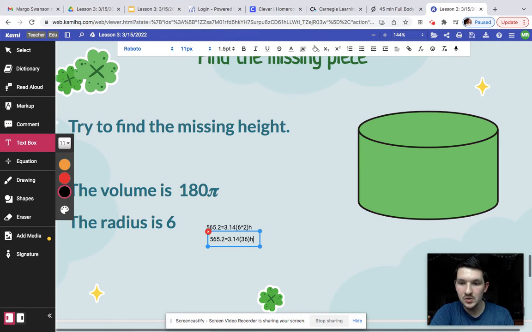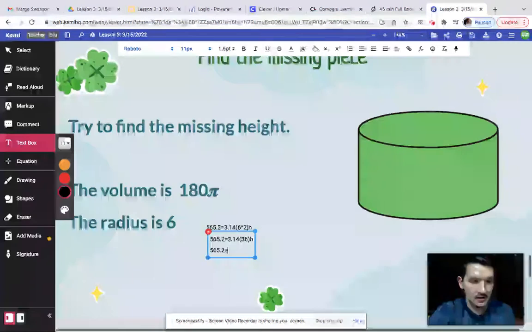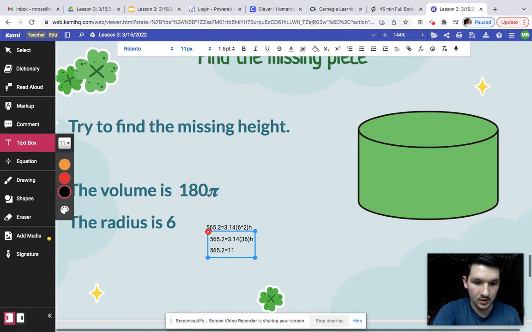Let's go ahead and do 3.14 times 36, and you should end up with 565.2 equals 113.04 h. Final step, y'all.